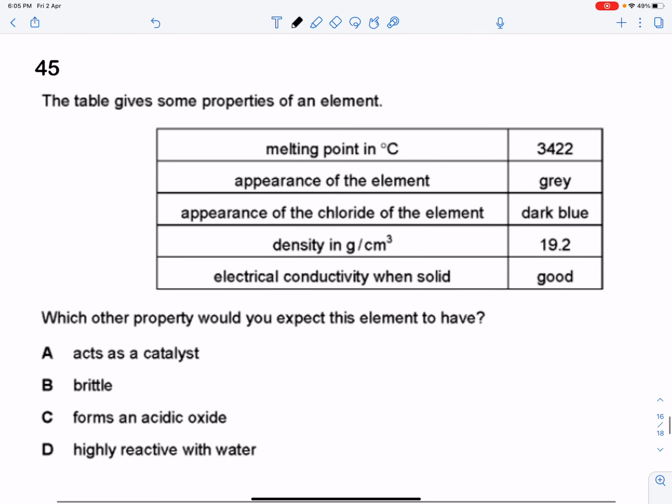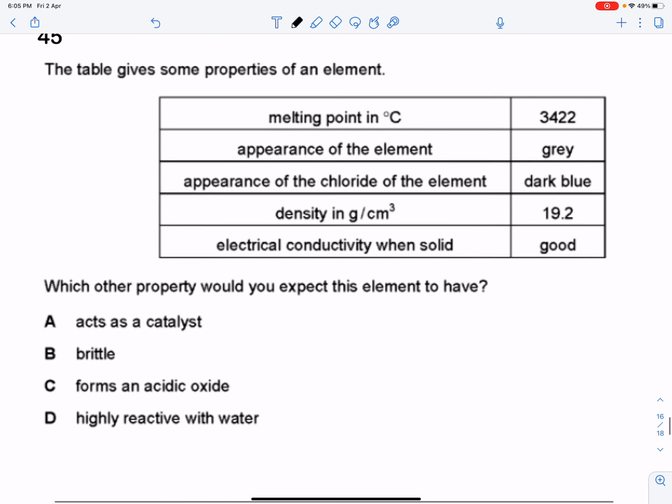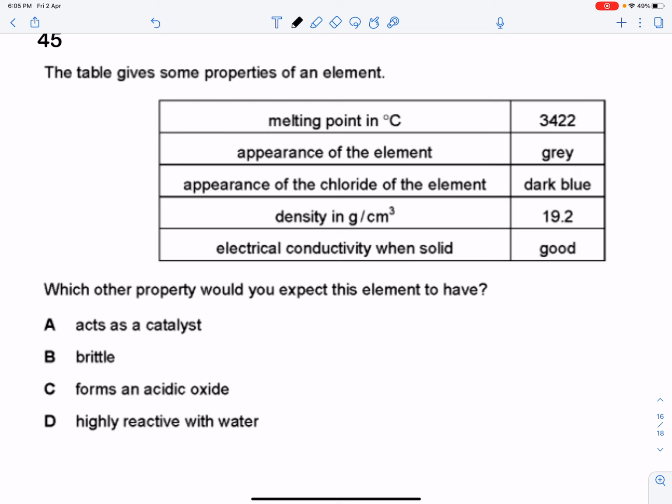The table gives some properties of an element. So it's got a high melting point, it's grey, its appearance of the chloride is dark blue, it's very dense, and it's a good conductor. Which other property would you expect this element to have?